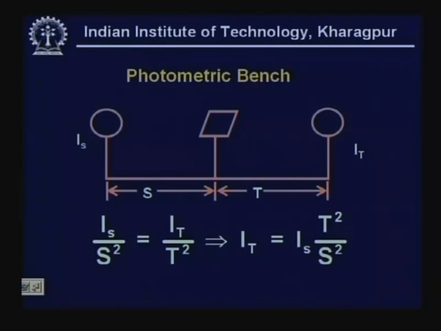Alternatively, I keep the position of the standard lamp and the photometric head fixed, but vary the position of test lamp. A third way of doing it could be keep the position of test lamp and standard lamp fixed, but move the photometric head and thereby get the value of S and T. That will give us the thing.